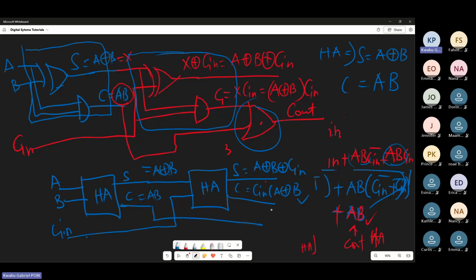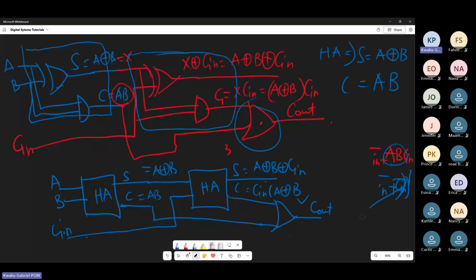So I'll pass it here and then put an OR gate here. So that would be the actual carry out of the full adder. So this is the implementation of a full adder using two half adders and an OR gate.